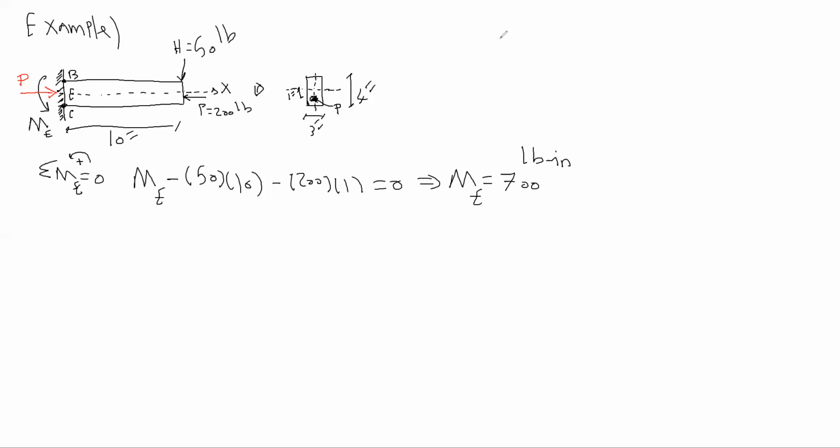If I want to write the formula, sigma B equals P over A plus M Y over I, and sigma C equals P over A minus M Y over I. So definitely P is compression, so it is negative.